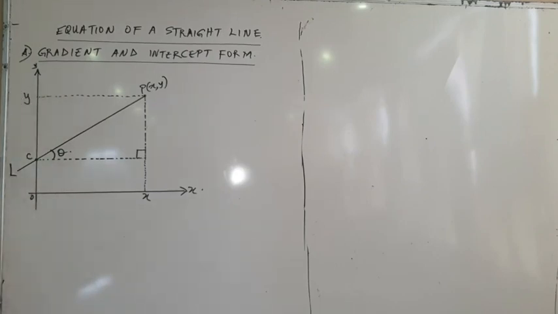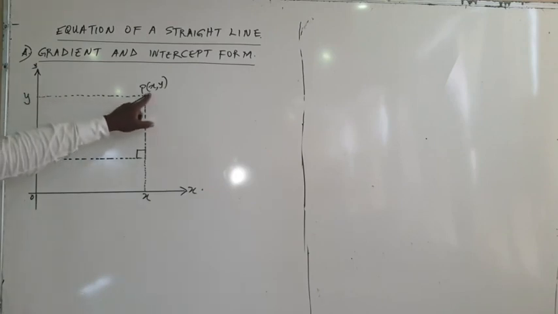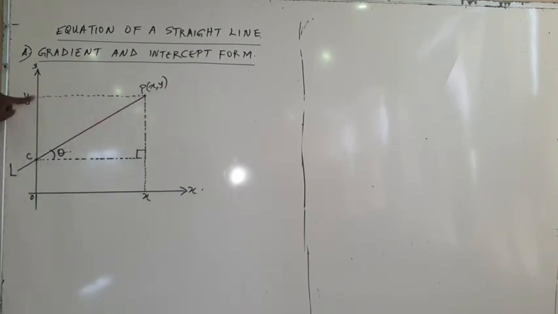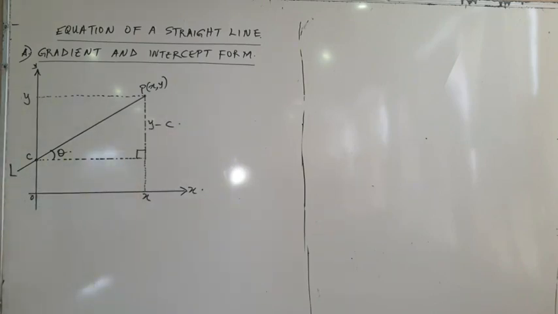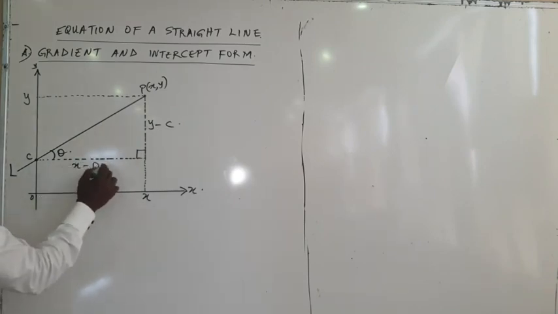The difference between the coordinate of P along the y-axis, which is y, and the y-intercept of the line LP, which is at point C, is y minus c. Then the difference along the horizontal axis, from x up to the origin, is x minus 0.